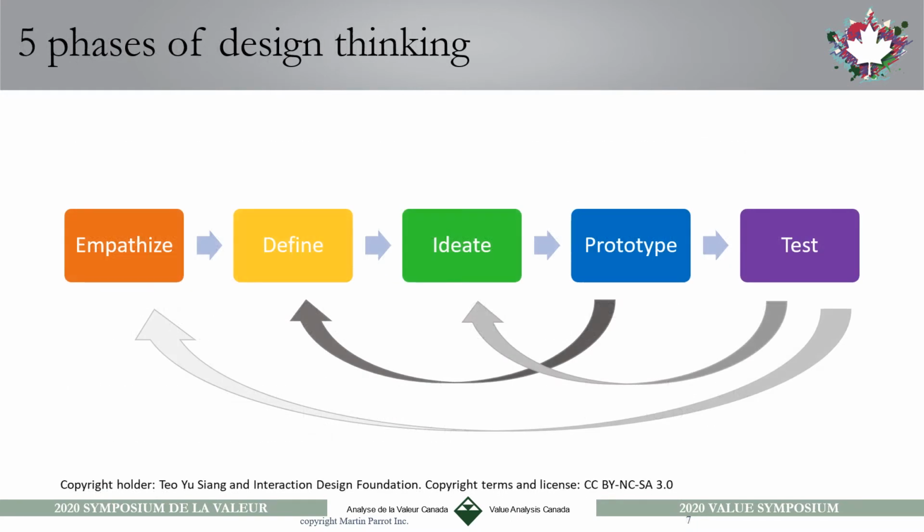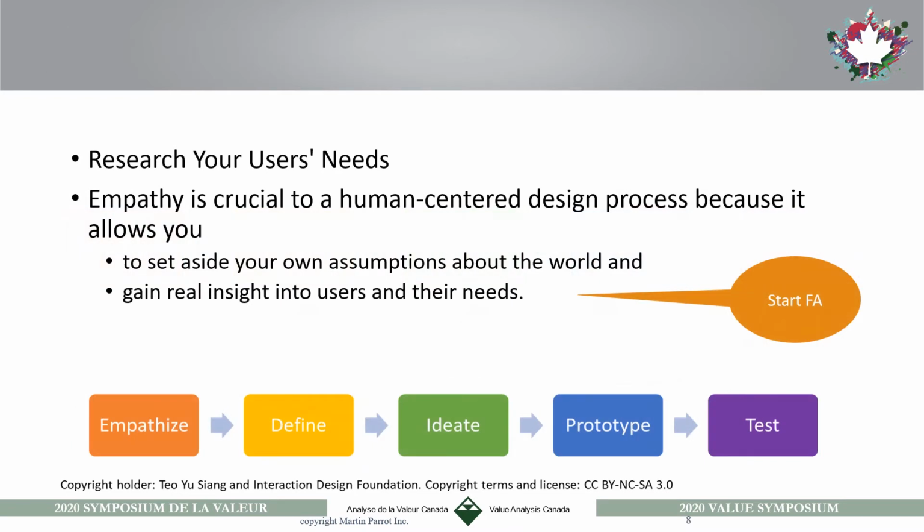The 5 phases of design thinking are as follows: empathize, define, ideate, prototype, and test. But we can come back whenever we need to if we haven't done everything to our satisfaction. Look at each one. First one is empathize, where you need to research your users' needs. So you listen to the users, you talk with them, you ask them what is the problem, what works well, what works badly.